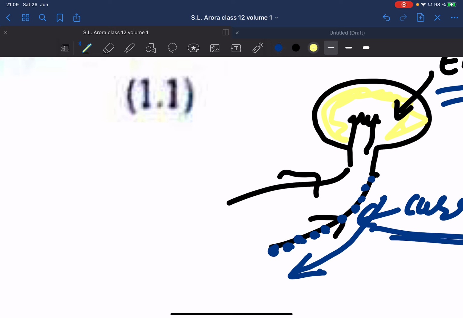And the protons, marked with yellow, try to move in this direction towards the light.